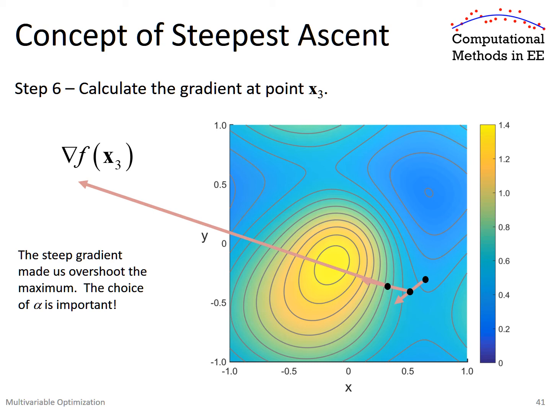And even worse, maybe even put us on a different maxima that's not as big as this one. And so our algorithm has jumped extrema, and we could end up finding the wrong one. So we want to make alpha small enough so this doesn't happen. We don't want to go unstable. We don't want to skip over our function altogether. So the choice of alpha is important.